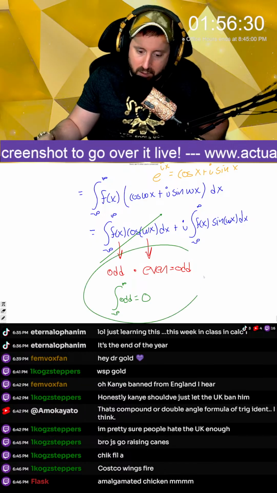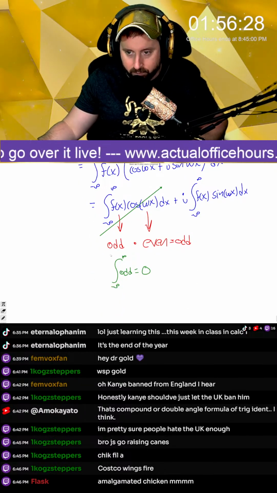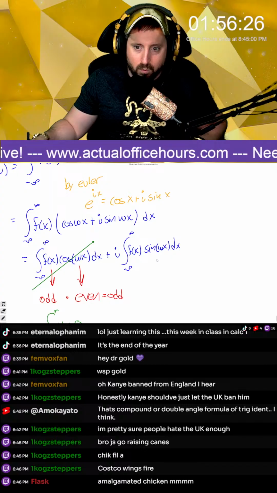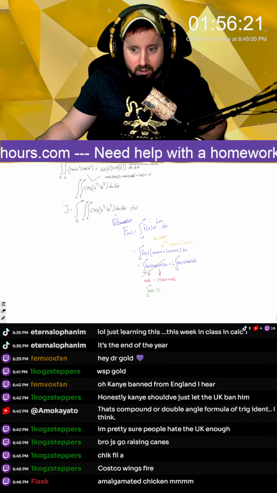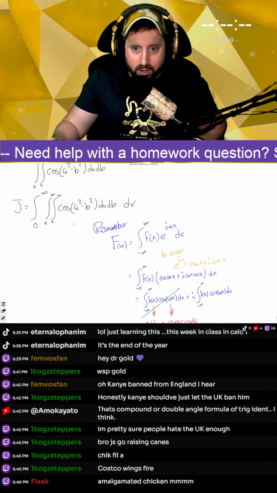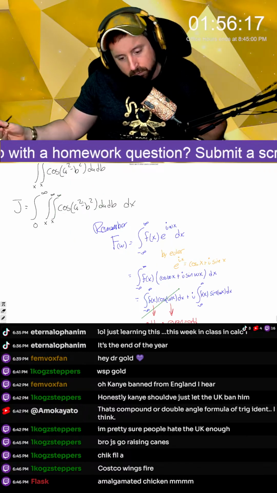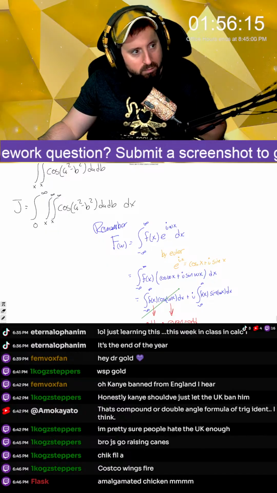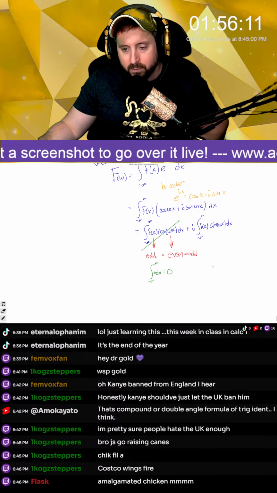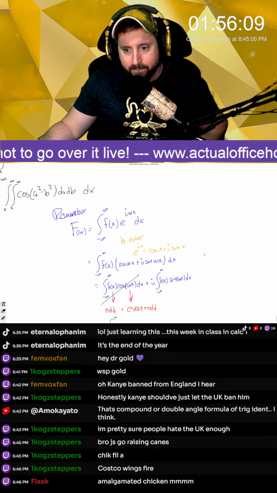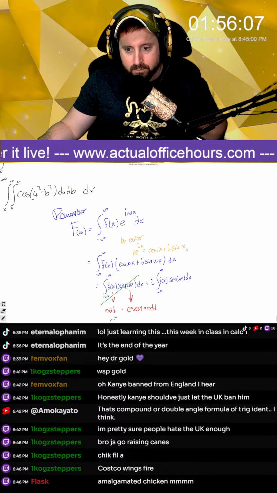This is a trick that comes up a lot in more advanced calculus. So we're only left with this part. That's assuming f of x is odd, which I guess we are integrating an odd function. And then also there should be a negative on the i sign.